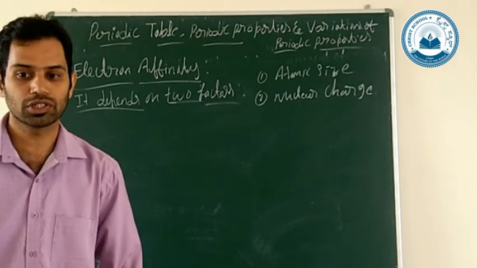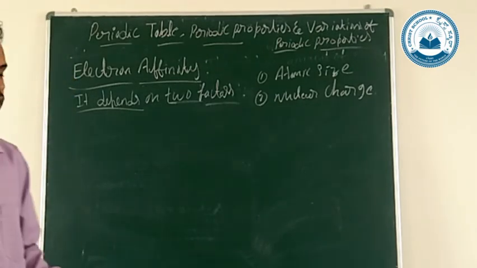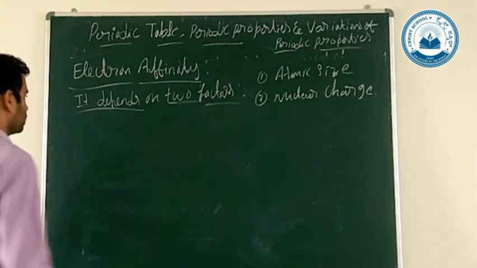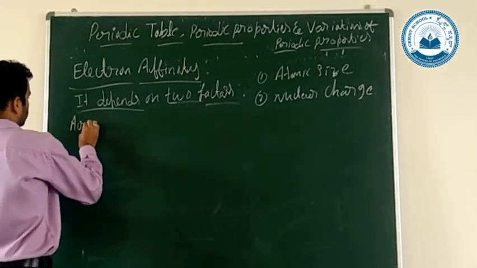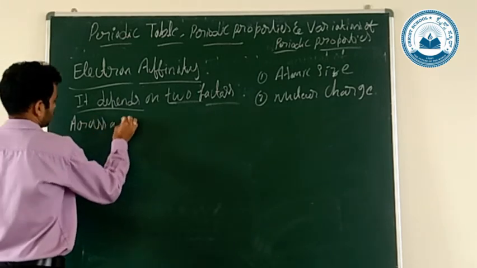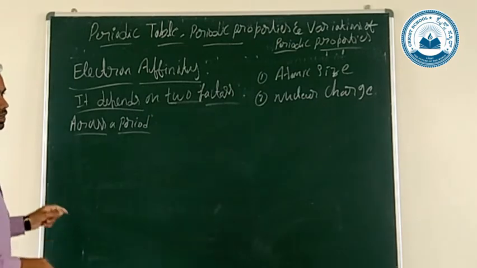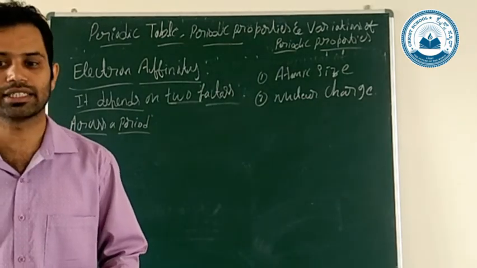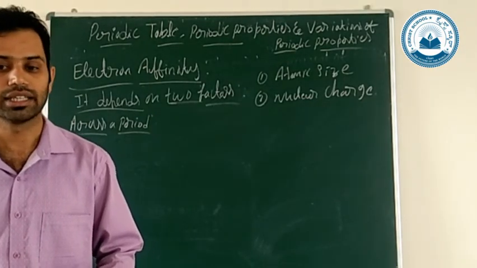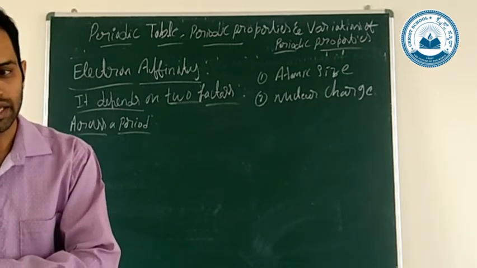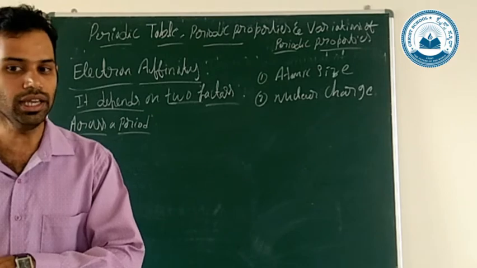So what will happen across a period? What will happen to the electron affinity across a period? Atomic size decreases, then there will be an increase in the electron affinity.